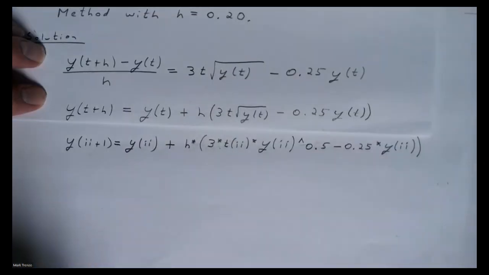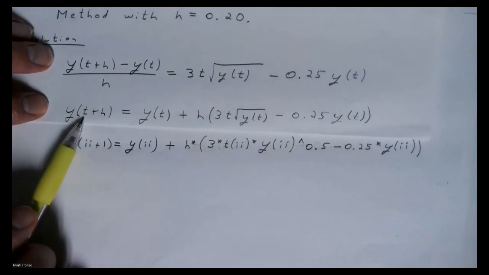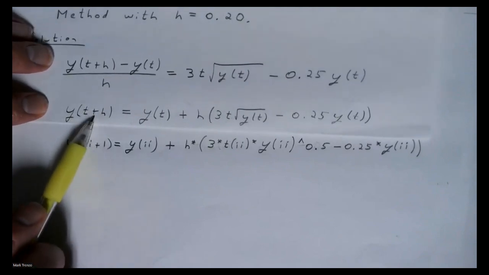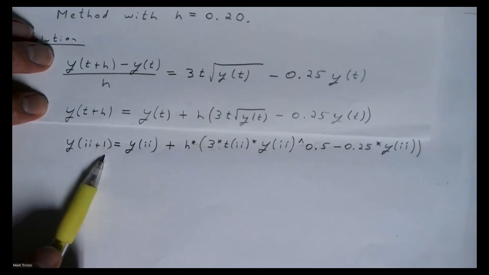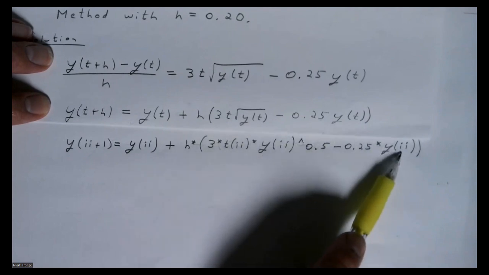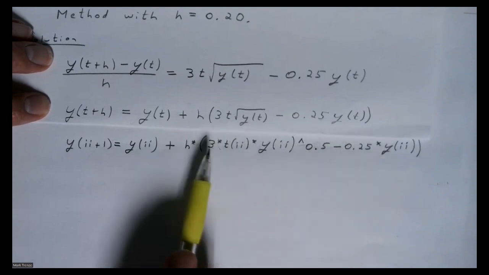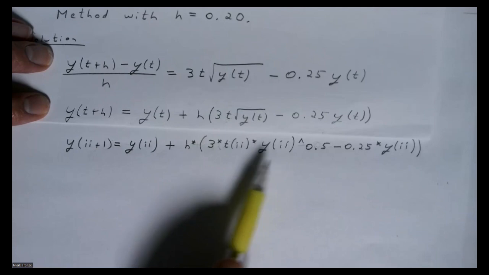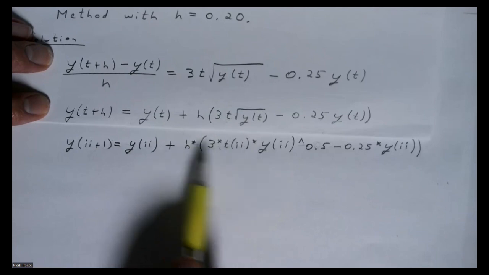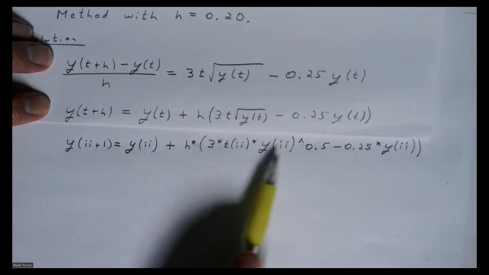So what I did here, on the left-hand side, I'm replacing the t plus h with I plus 1. Right-hand side, everything's at I. Notice we also have to index the times t here. And I put the h in here. And this is the square root.